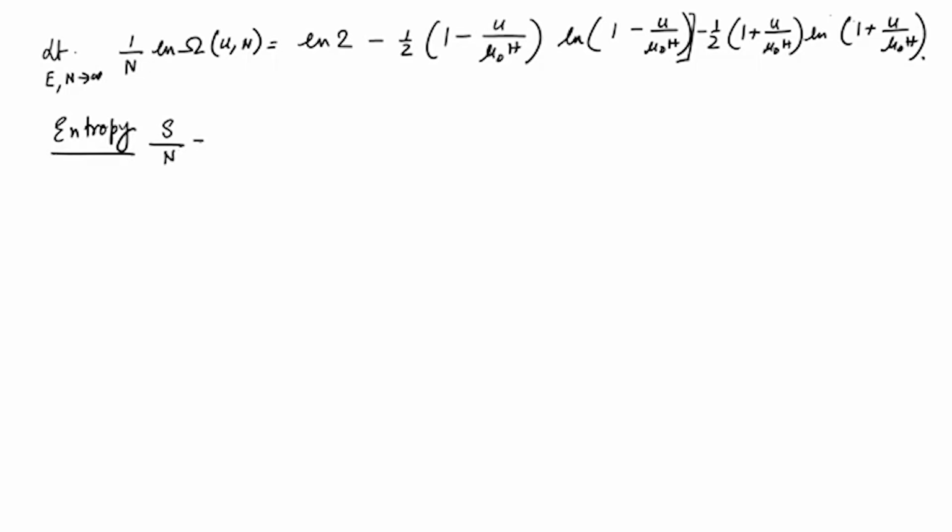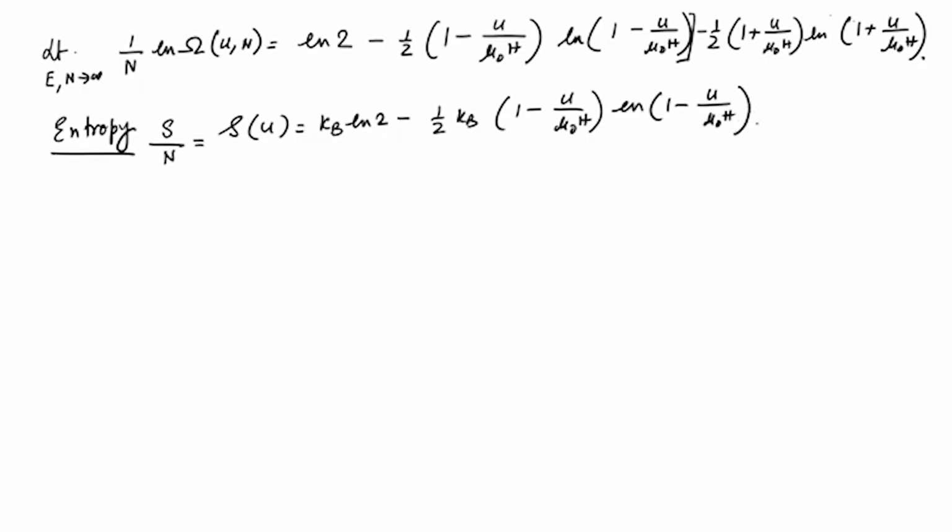So, it is S over n, which is small s, a function of u, which is equal to k log 2 minus half k times 1 minus u by mu 0 h, log of 1 minus u by mu 0 h, and there is also another term which is almost similar to the second term, which is 1 plus u by mu 0 h, log of 1 plus u by mu 0 h.